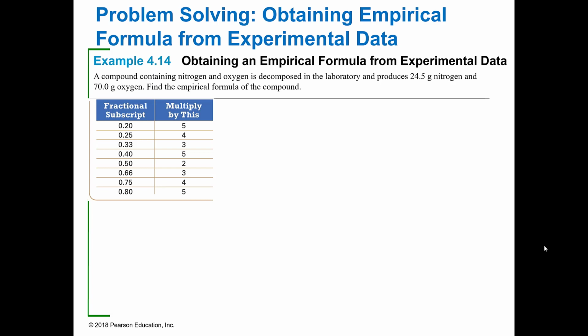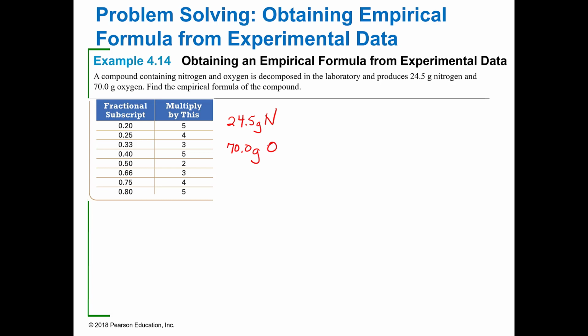All right, so we're going to obtain the empirical formula from experimental data. In this first one, I'm giving you how many grams of each thing we have. So we have 24.5 grams of nitrogen and 70 grams of oxygen.